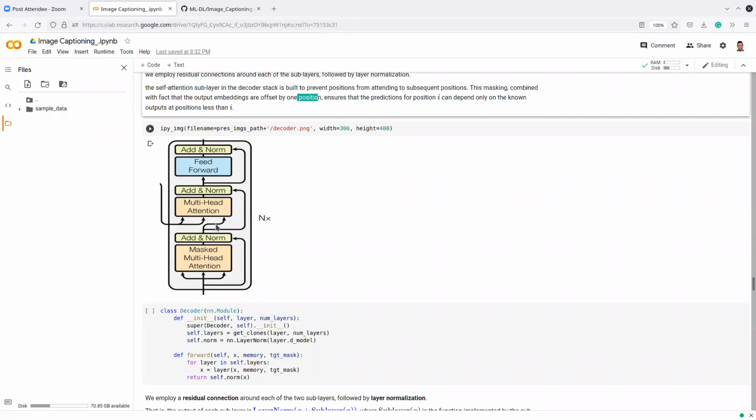So the idea is that the query, these three arcs, the query we get from the caption sentence, and the key and the value we get from the feature vector. This layer's job is that from the query, what information our decoder wants, it will give it from the key and the value of the encoded image. Then we have a feed forward.